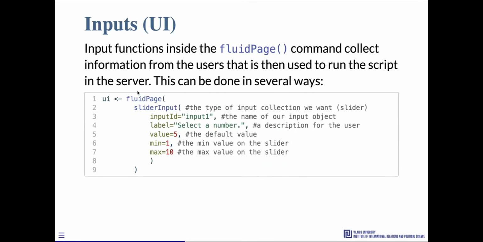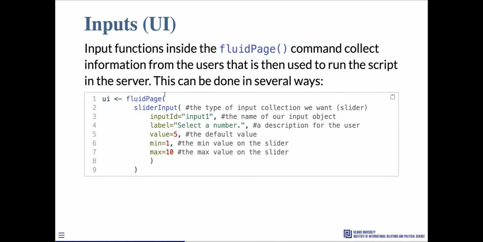What is going on in the UI, or how do we collect information from the user? Well, here is where the design of the dashboard comes into play. You can collect information, for example, through checkboxes, through lists, or through text. However you want to collect it is a design choice.